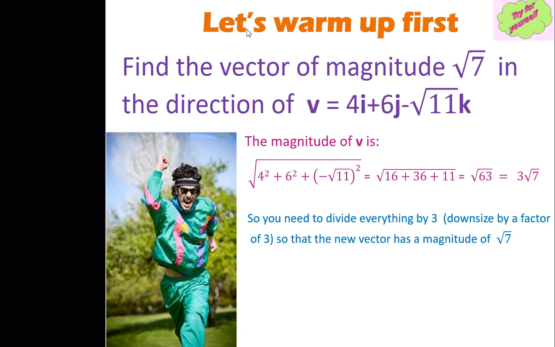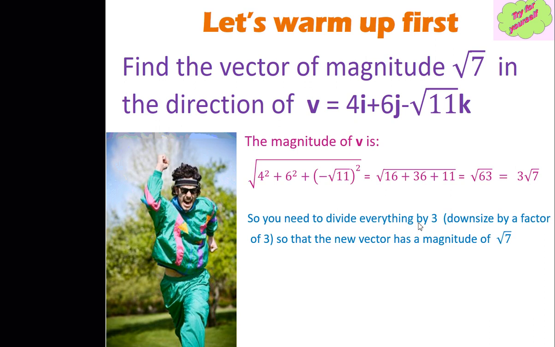If it said find the unit vector with direction of this, it wants one with magnitude of 1. But this one wants the magnitude to change from 3 root 7 to root 7. So obviously to change the magnitude from 3 root 7 to root 7, you need to divide this by 3, because 3 root 7 over 3 cancels down to root 7. So we need to divide each of these by 3.